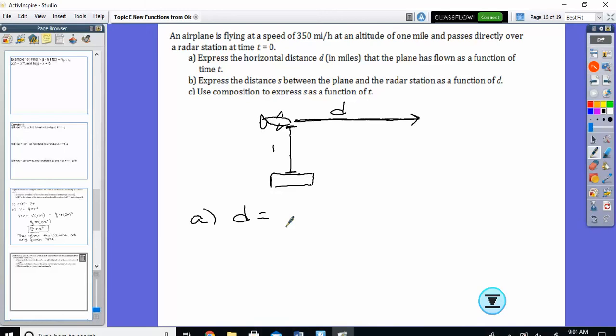After 1 hour, how far has it flown? 350. After 2 hours, 700. After 3 hours, 1,050. So how can I quickly find it? 350 times t.